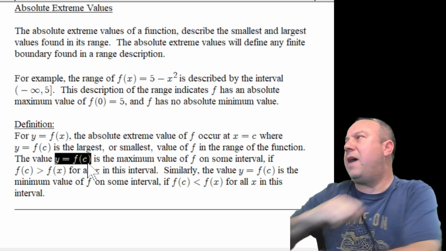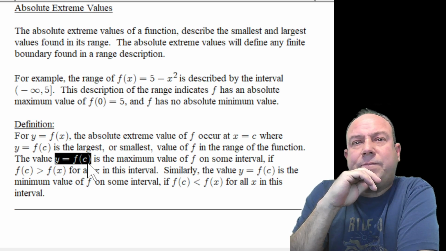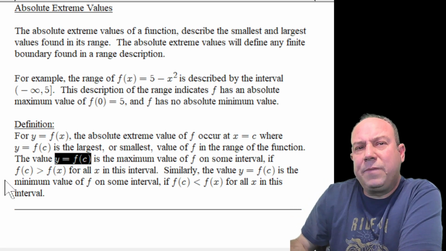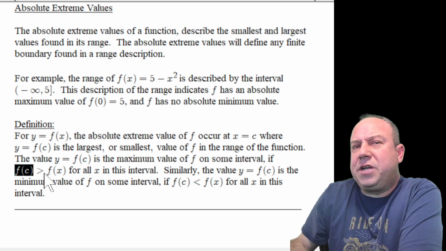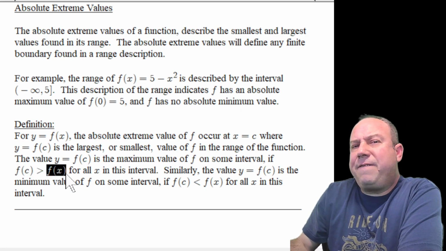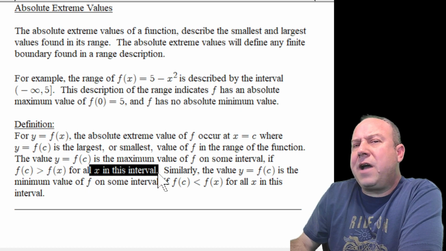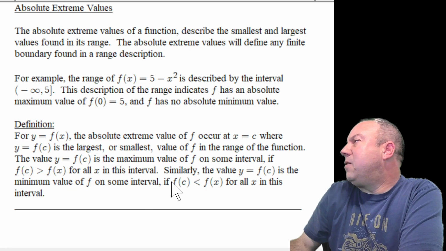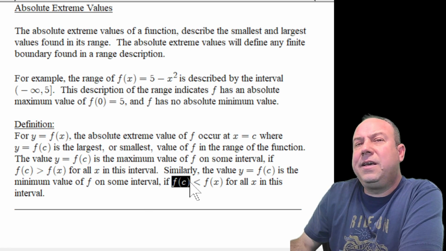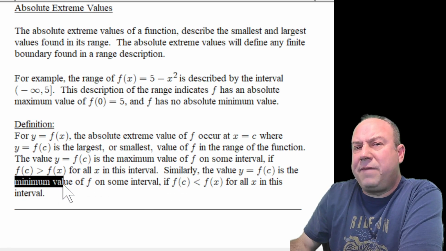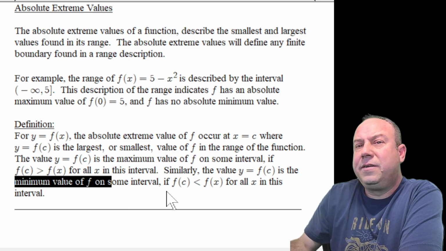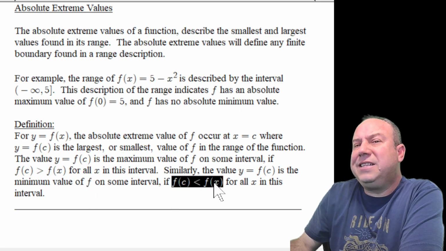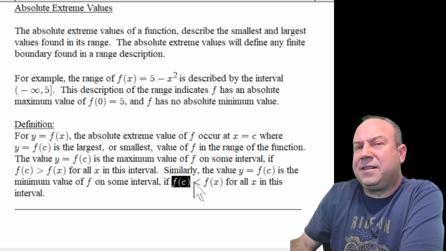At y equal to f of c, you will have a maximum value if the output of the function at c is greater than f at x for all other x in this interval. And likewise, f of c is an absolute minimum value of f if f of c is less than f of x for all x in this interval.